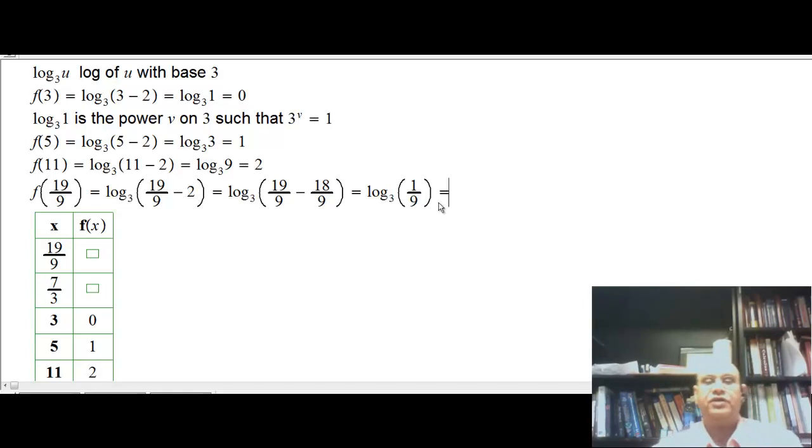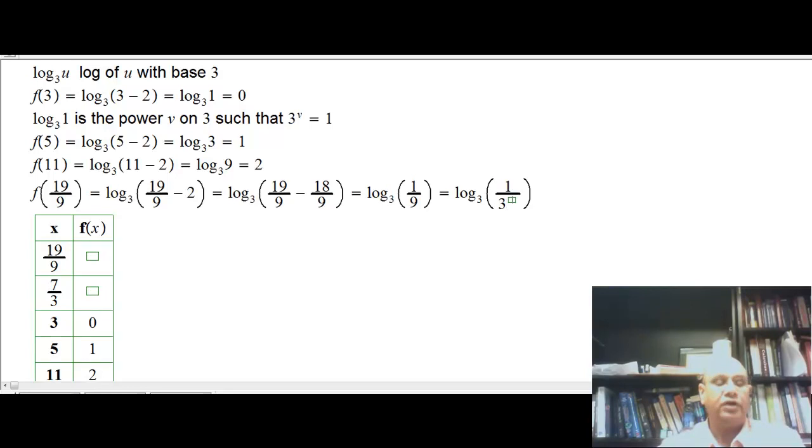I'm trying to realize a power on 3 if possible, right? So now this would be 3 squared, wouldn't it? 9 is 3 squared, am I right? Yes. Now I'm going to ask you a very silly question. Which power on 3 is going to give me 3 to the negative 2?